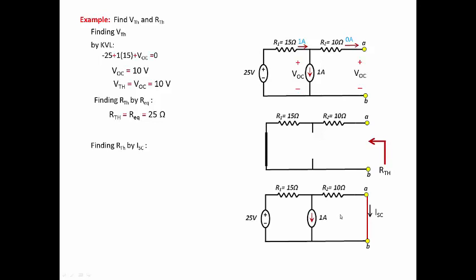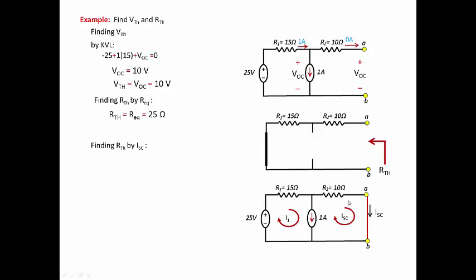Now if you look into the circuit, you are after solving for I short circuit to find R Thevenin. The circuit will have two meshes. There is a mesh here and there is a mesh here. I have I1 and I have I short circuit.